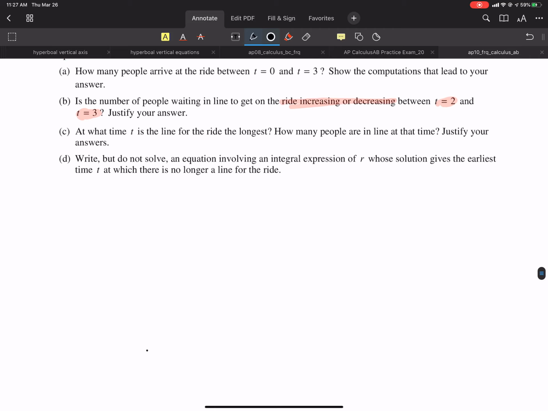So the number of people in line waiting is what they're concerned about. Now, you don't have to do all this, but it'll probably be beneficial. We're going to define A of t, and that's going to be the number of people in line.